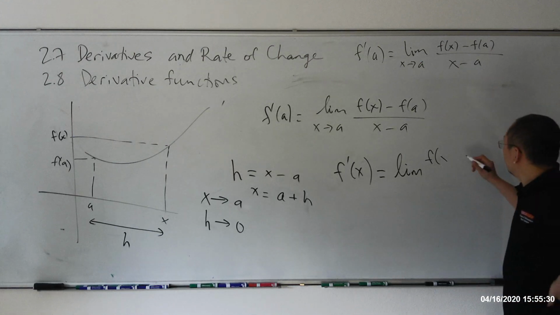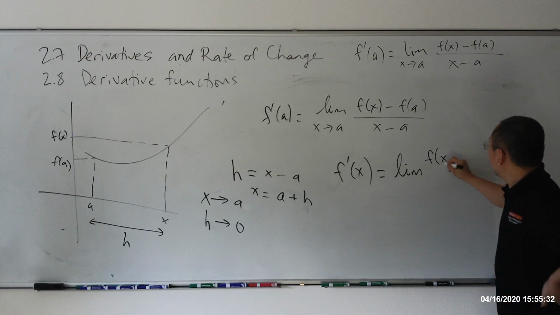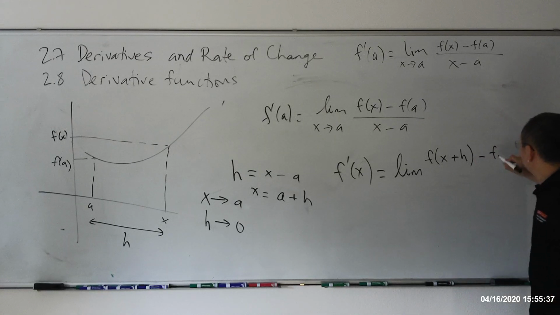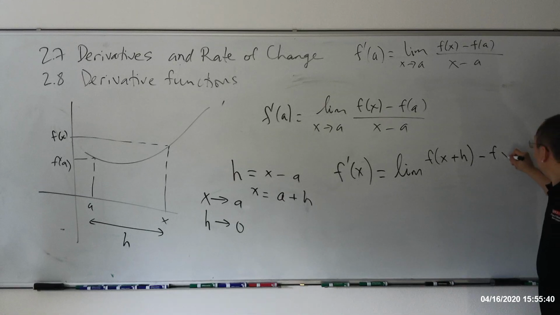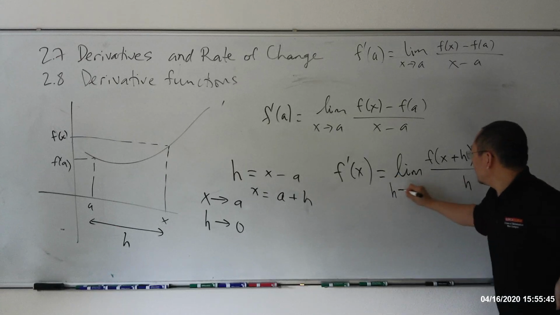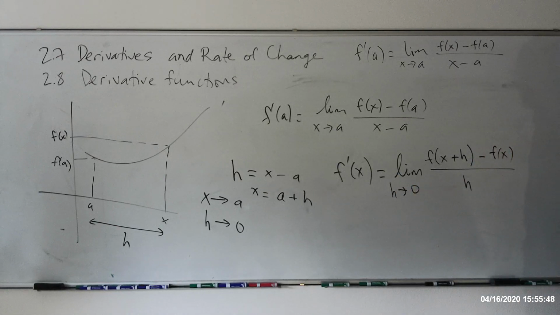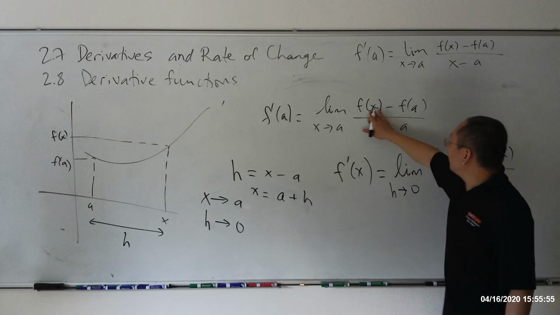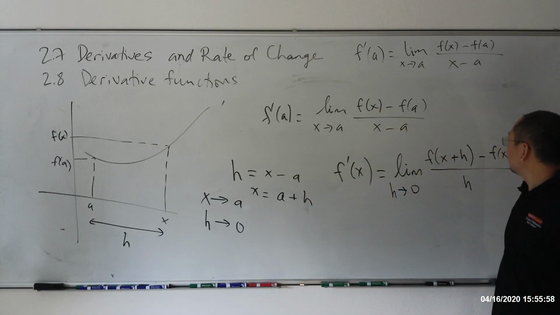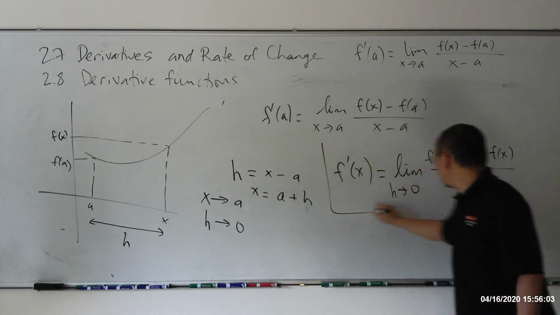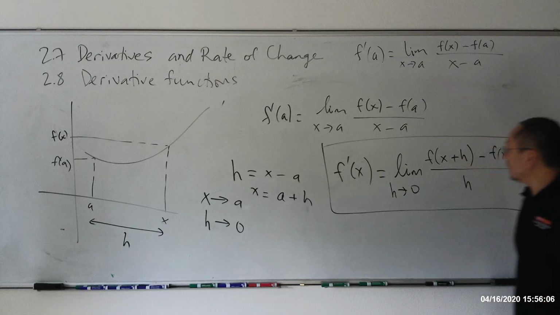So this is f of x plus h minus f of x, all over h, when h approaches 0. Are we good? So we think of a specific a right here as any x letter, and the h right here is like the b. This is our definition of the derivative function.